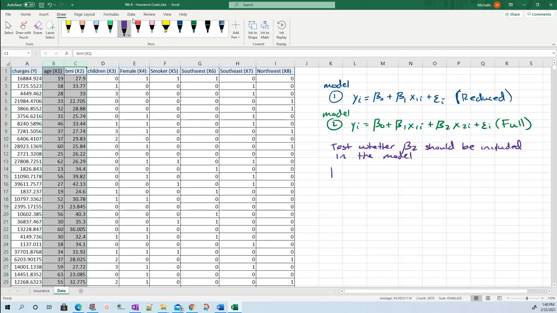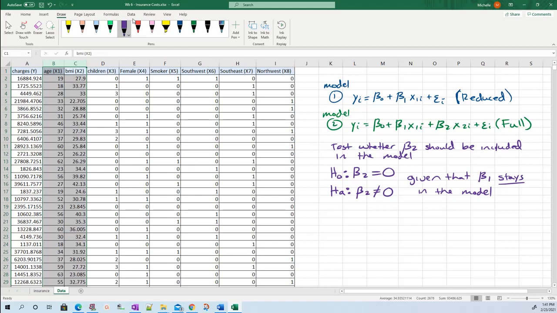So what we're trying to test is H0, the null hypothesis, that beta 2 equals 0, and HA, the alternative, that beta 2 does not equal 0, given that beta 1 is going to stay in the model. That's important here, because beta 2 might be important if beta 1 wasn't there.